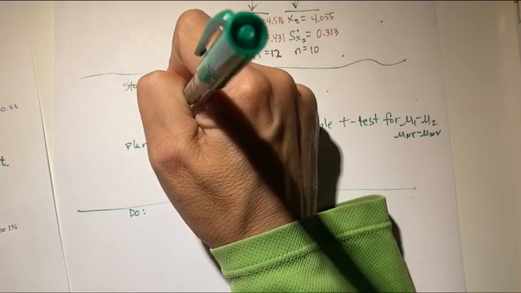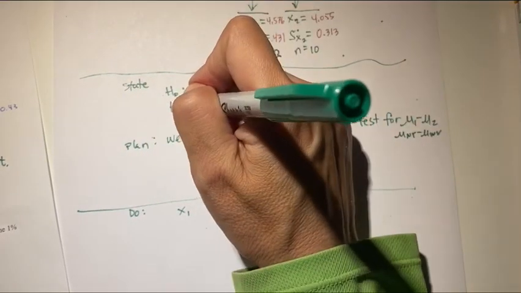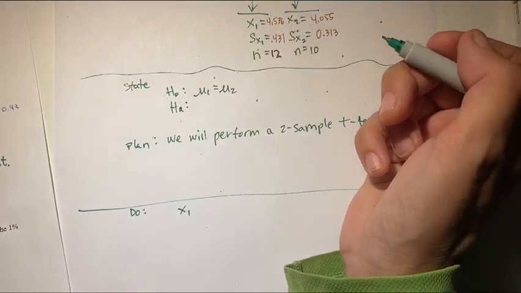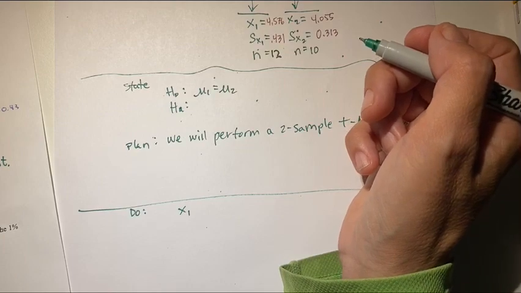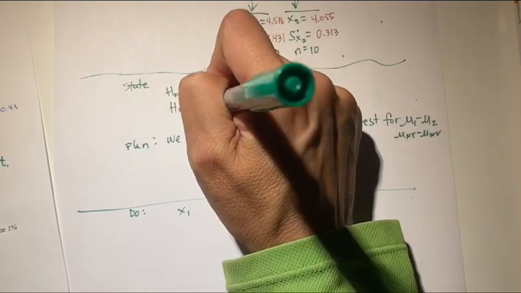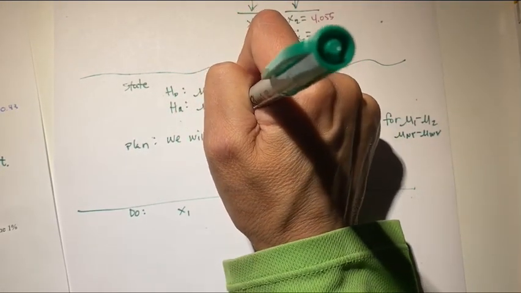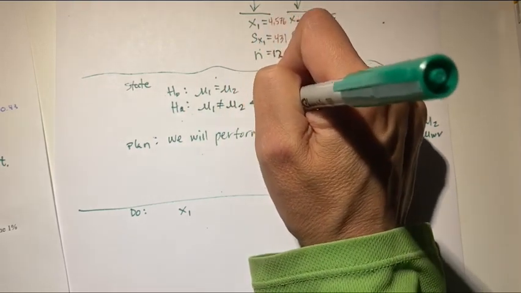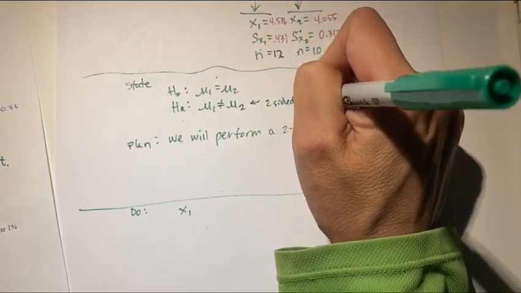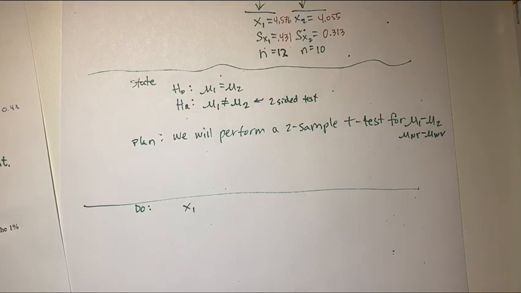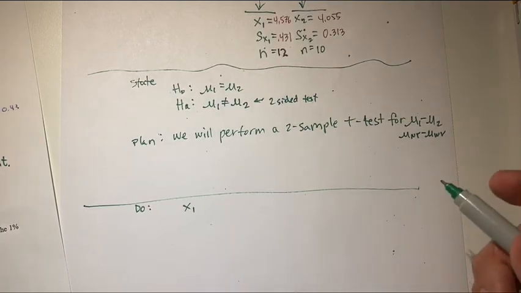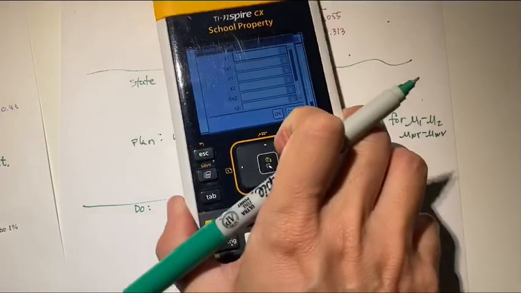And our H sub A, that they are somehow not the same. There's nothing in my problem that says that I should think that one is bigger than the other. So this is a 2-sided test. Okay. Now we would presume, and also looking at our data, that New York is more, but they didn't give us any indication to presume that one was bigger. So I'm just going to proceed with the 2-sided test.